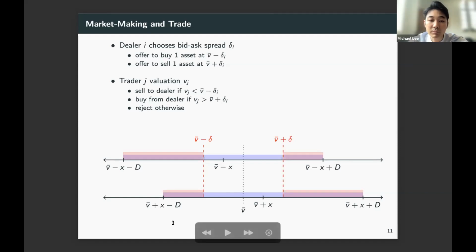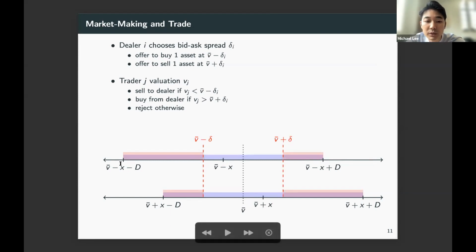So you can see here below, given a bid-ask spread of delta, the red shaded areas correspond to the set of traders that would be willing to accept a particular offer. The lower line corresponds to V bar minus delta, the price at which the dealer is willing to buy an asset from the trader.